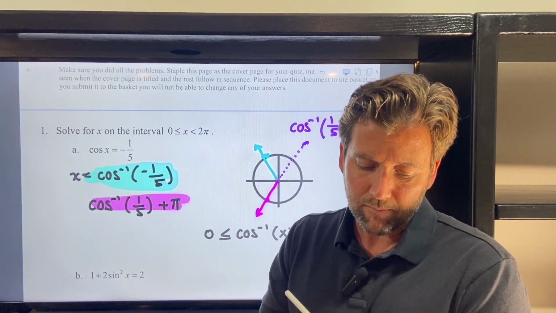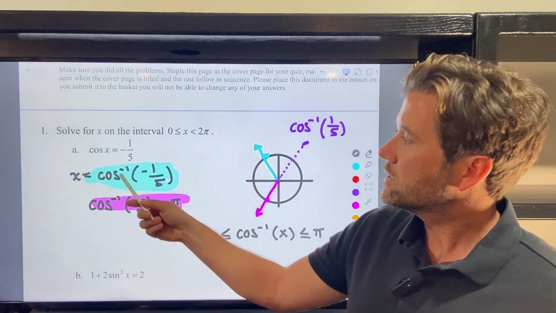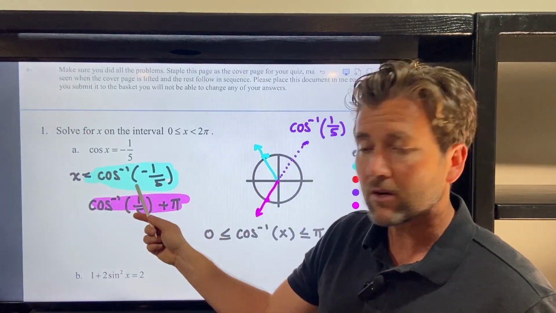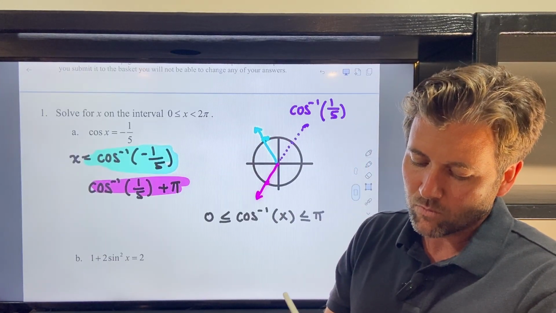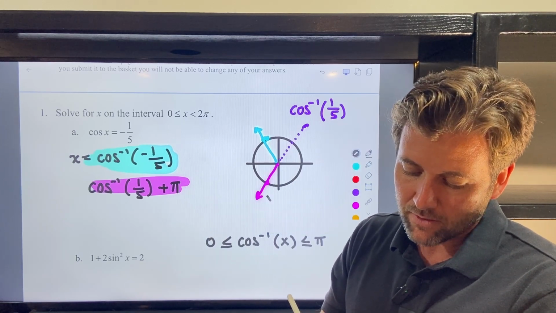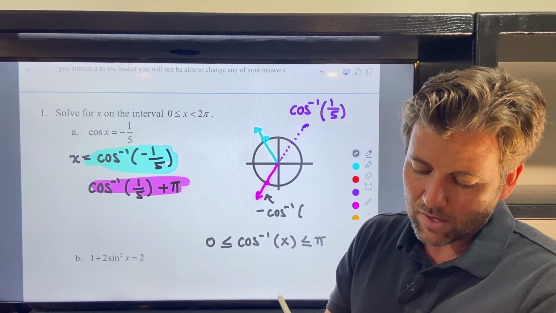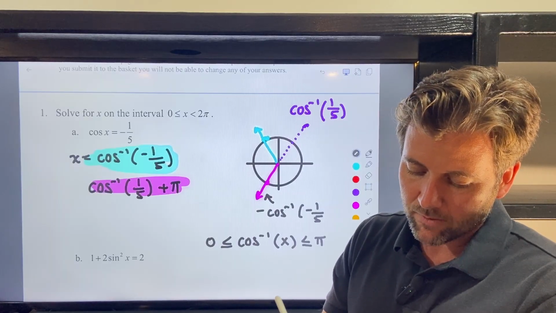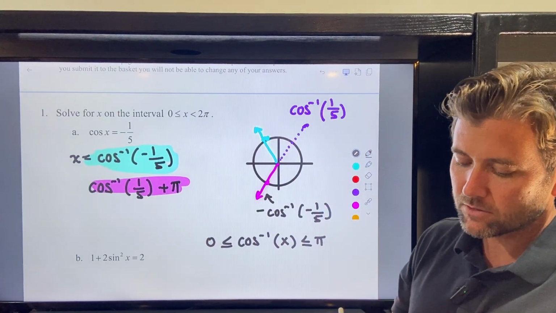Now that's super neat. What most students like to do is they'll multiply this angle here highlighted in blue by -1. When they do that, they actually do get this angle right here in pink when they multiply by -1. So see this answer here? Multiply by -1, but here's the difference.